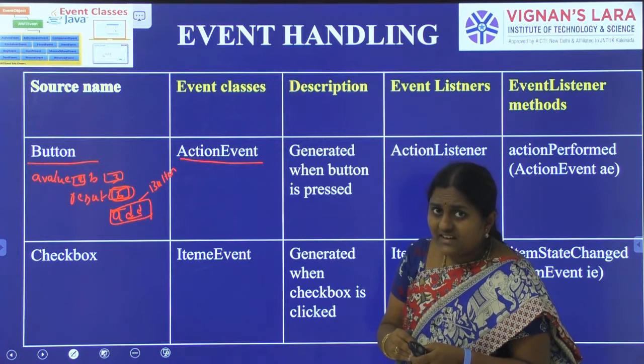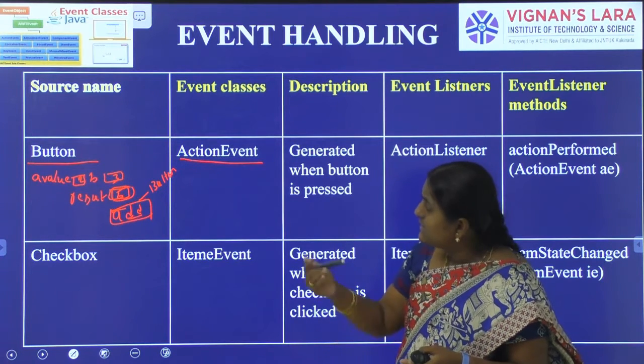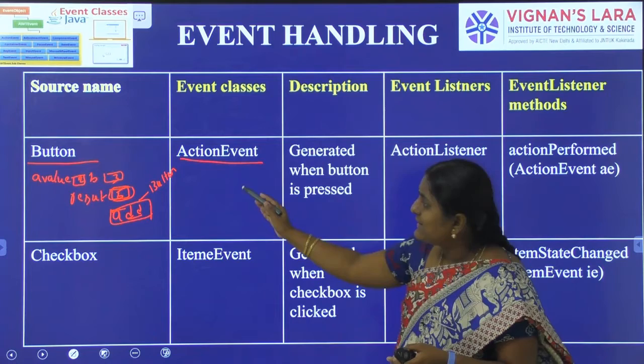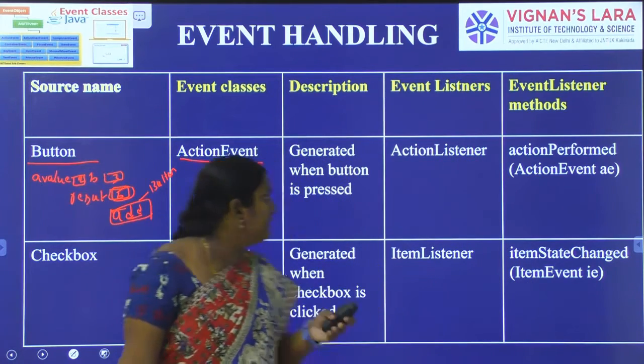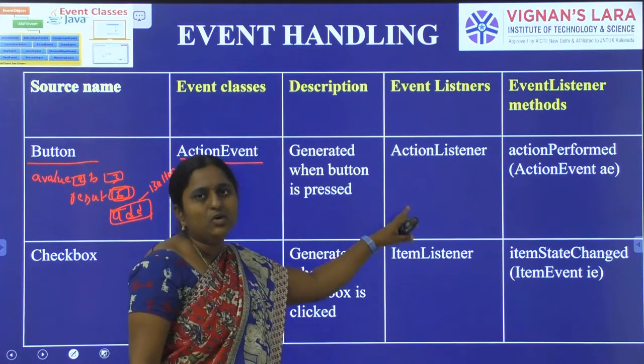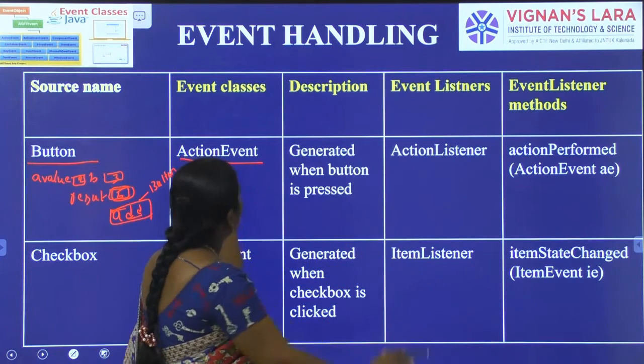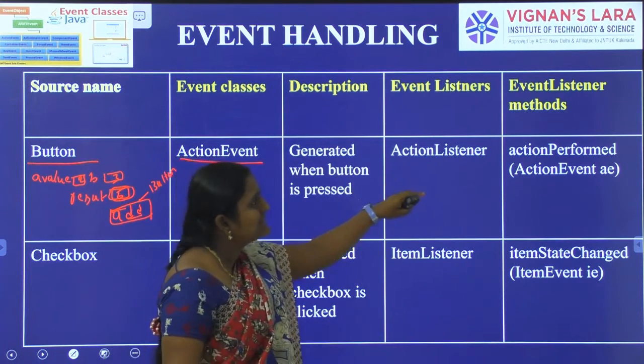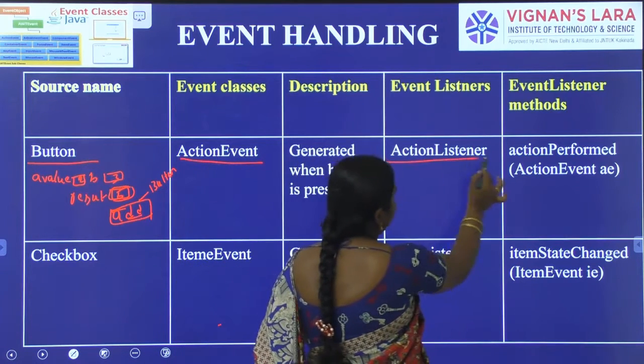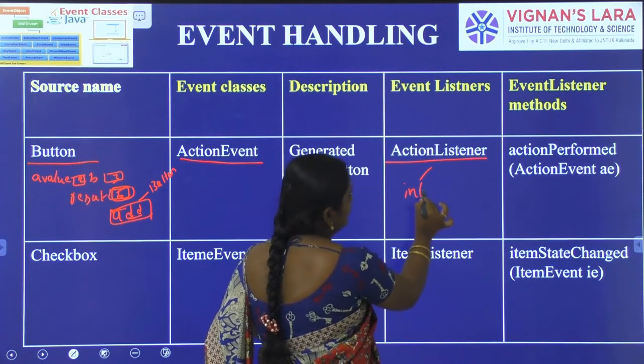So the event is generated, what will happen? Whenever an event is generated, the particular event will be sent to the listener. Here the corresponding listener for action event is the action listener. It is an interface.